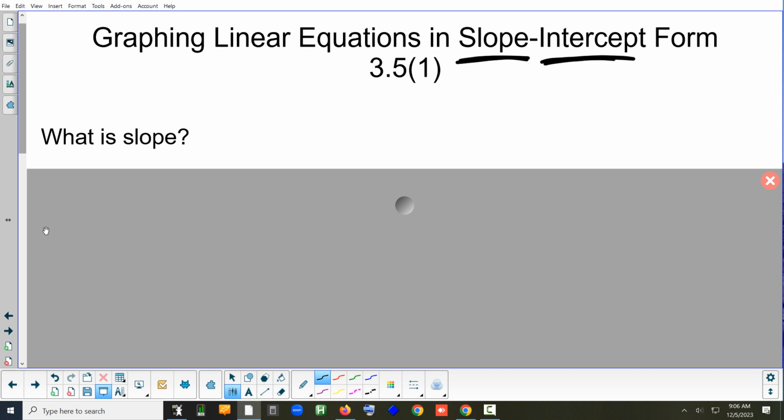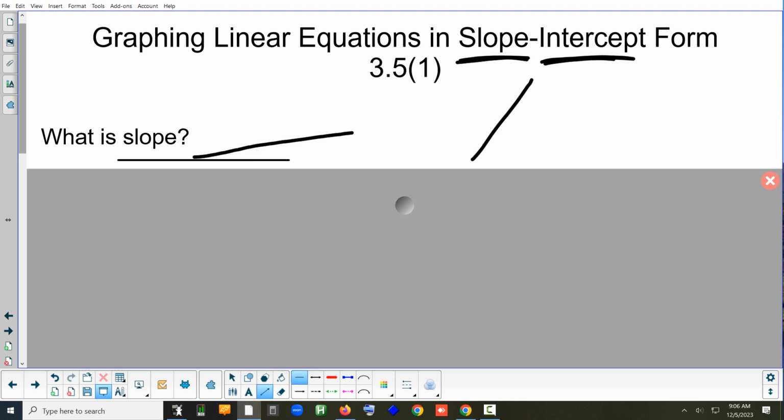So something like that versus something like that is a big difference in the steepness. And the way that we measure the steepness is we do something like this. Put a line there, put another line right there. Then we look at how high up the ramp would go, versus how long it goes.